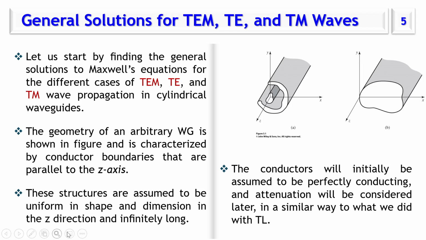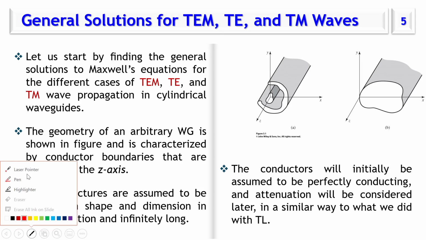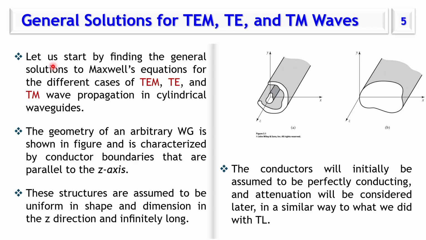We'll start by finding the general solution of Maxwell's equations for different modes of wave propagation inside waveguides. Those modes are transverse electromagnetic, transverse electric, and transverse magnetic. We'll talk about the different features of each one of them very shortly.